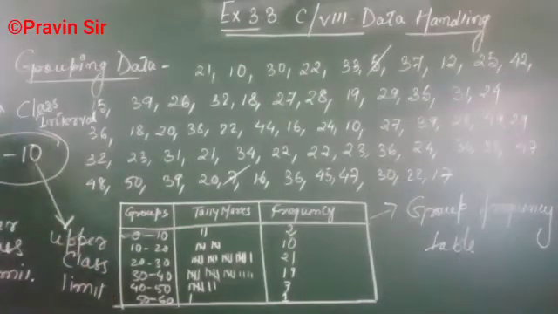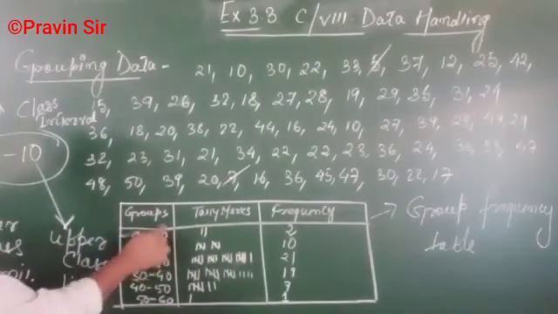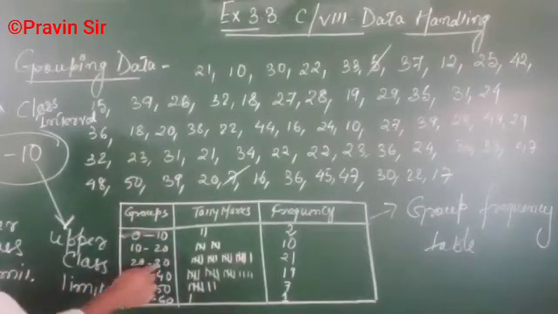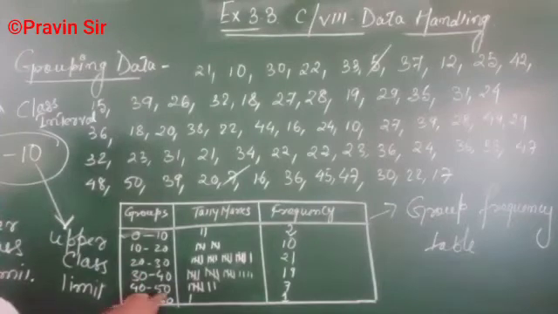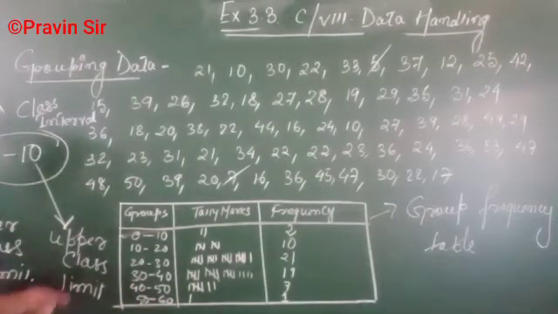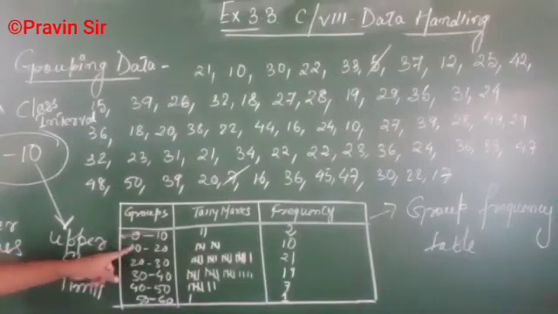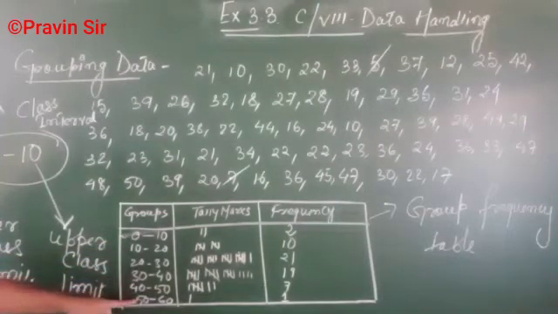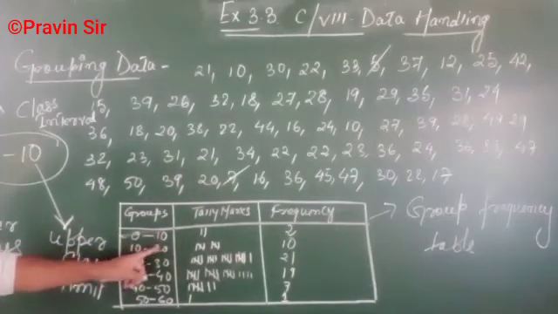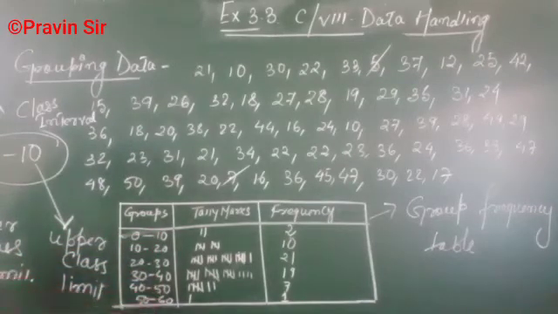This is one class interval, this is one class interval, and so on. In these class intervals, 0, 10, 20, 30, 40, 50 are called lower class limits, and 10, 20, 30, 40, 50, 60 are called upper class limits.